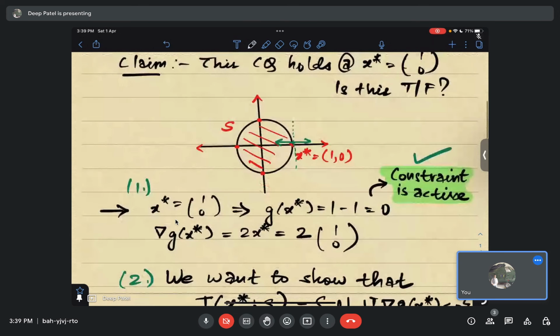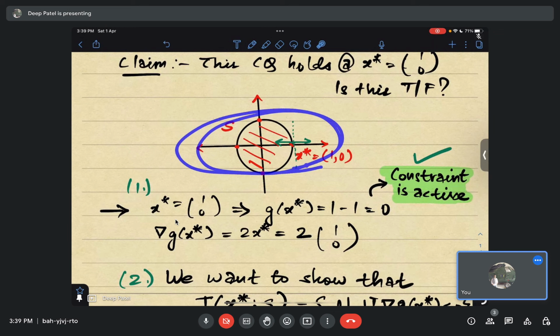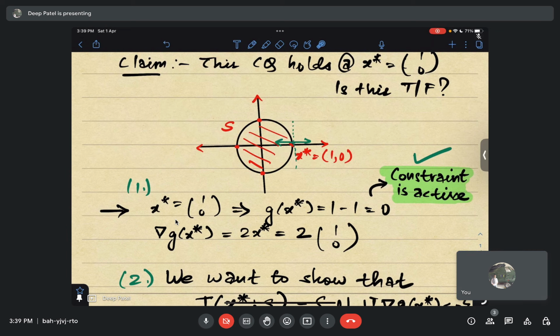So again I'll come back to the initial point that I was trying to make. If we are given this geometry of the set, where it's a disk, and we are looking at this point, what all directions can we approach x star from within the feasible region? This should all be to the left of the plane that is perpendicular at x star, right? So all such directions.